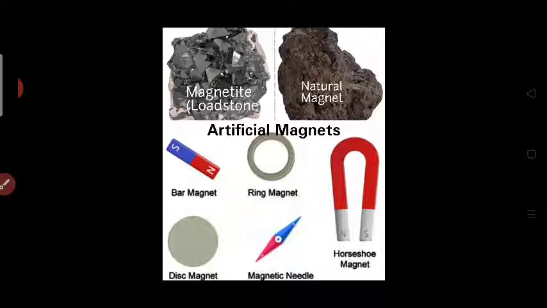Mostly we use artificial magnets because they are stronger as compared to natural magnets, and also we can increase or decrease the magnetic properties of artificial magnets by different techniques, which we will discuss in the next topics. Besides that, they are also available in different shapes.